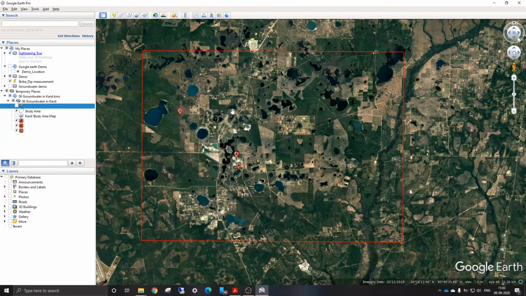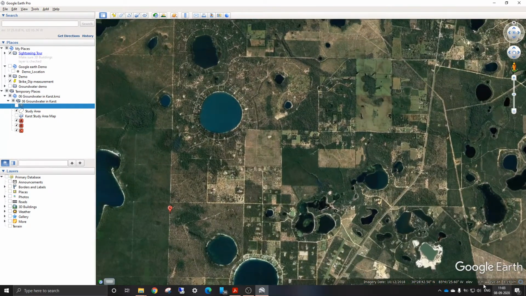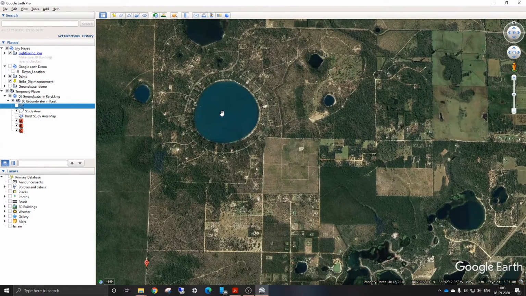But for that purpose we first have to correctly identify which are the sinkholes and which are the surface water bodies. Then we can simply use this elevation tab to know the elevation of the water table.